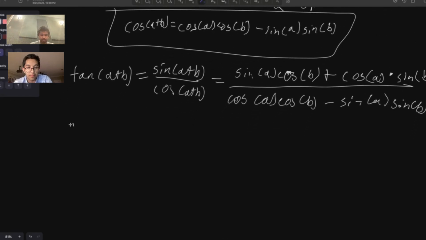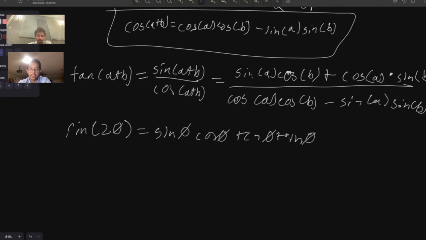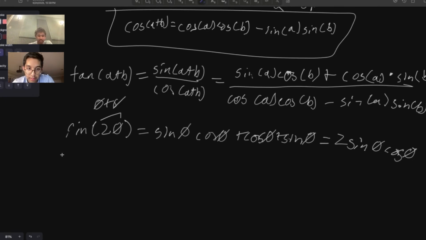So, the sine of 2 theta would equal the sine of theta times the cosine of theta plus the cosine of theta times the sine of theta, because 2 theta is equal to theta plus theta, A plus B. That's just equal to 2 sine theta cosine theta, right? Okay.